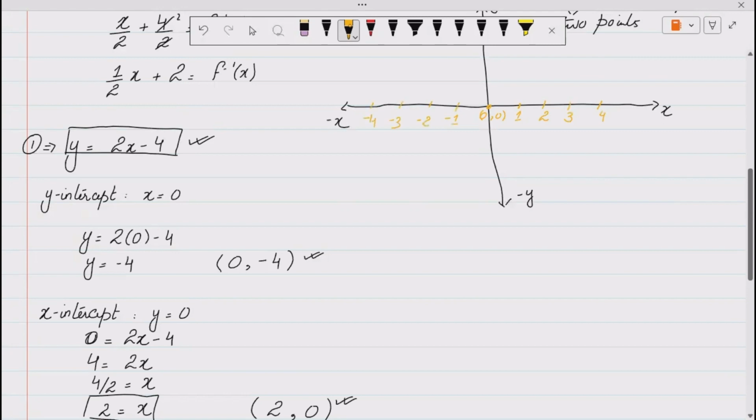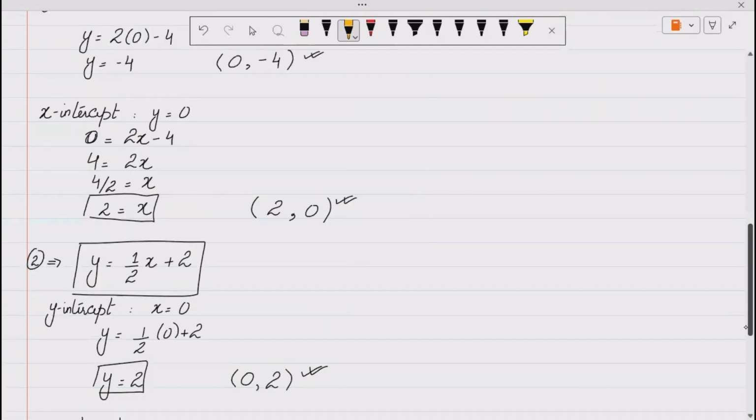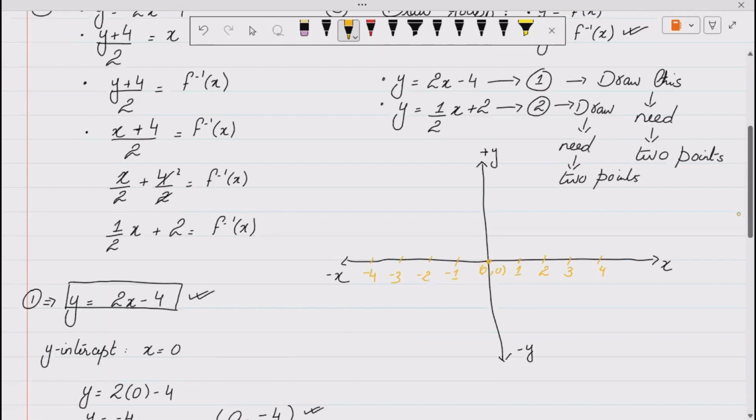Till where do we have to make the scale? See, when you find the points, what is the largest number? The largest number is 4. So on each axis, you have to draw the scale till 4. 1, 2, 3, 4, and minus 1, minus 2, minus 3, minus 4. Here plus 1, plus 2, plus 3, plus 4.